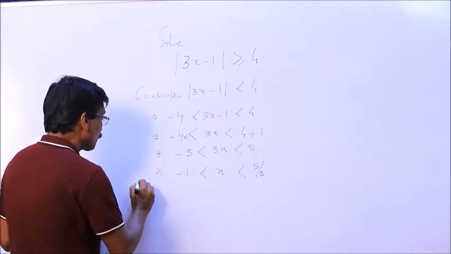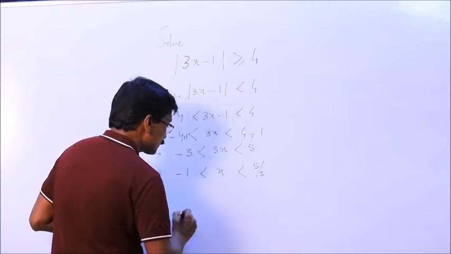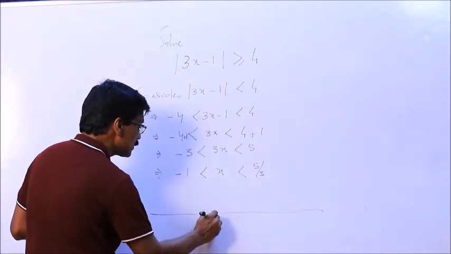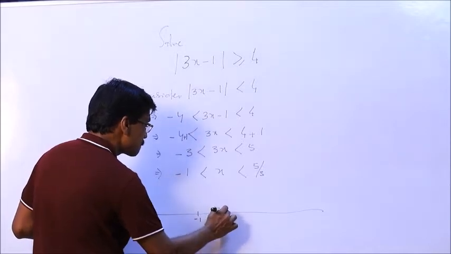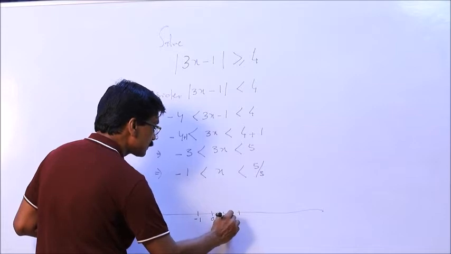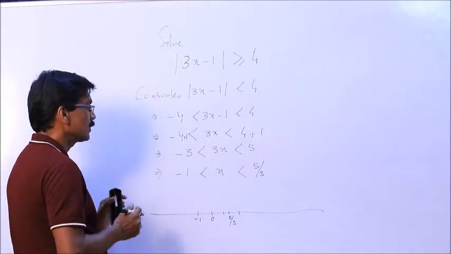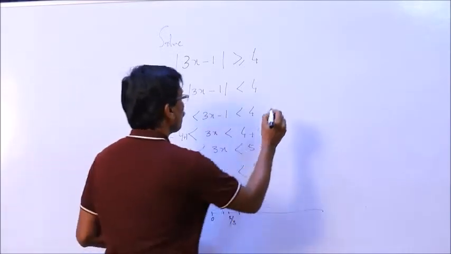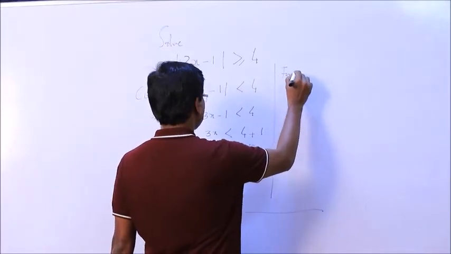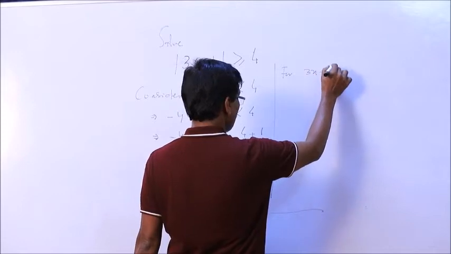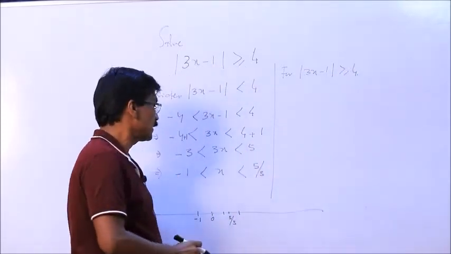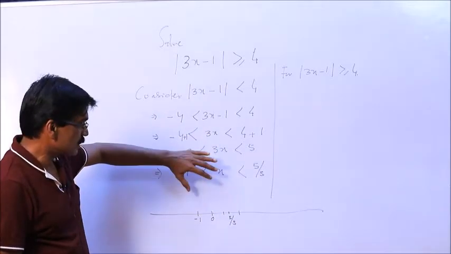And so, on the axis, this is the origin, minus 1, and 5 by 3. And for the inequality modulus of 3x minus 1 greater than or equal to 4, we can just reverse the order.